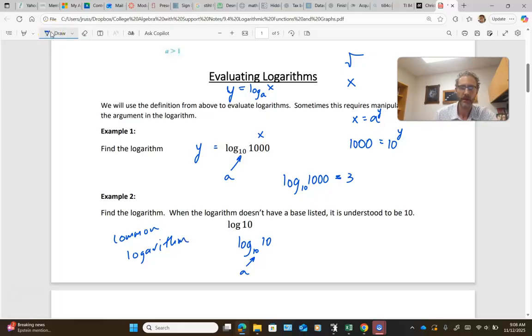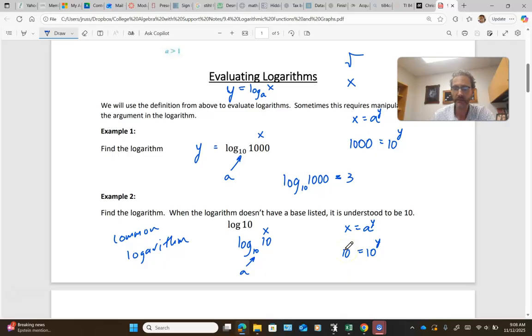Okay. Alright, so to figure this one out, our x here is 10. So if I use that same inverse relationship again, a is also 10 because it's the base. X is 10, and then we're trying to figure out the value of y, or in other words, the value of this exponent here. So you're going to think to yourself, 10 to what power is equal to 10?